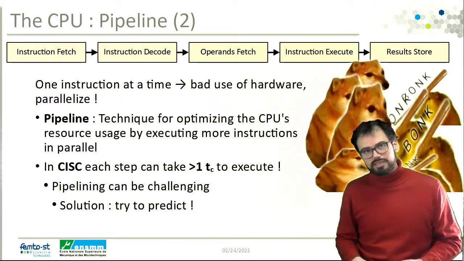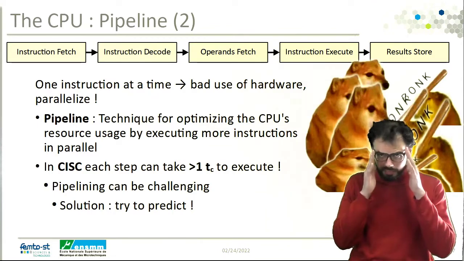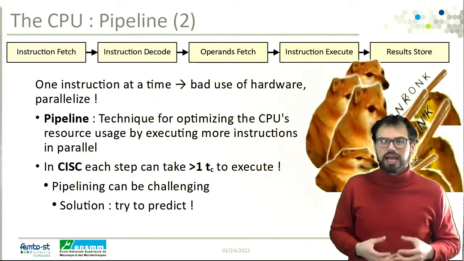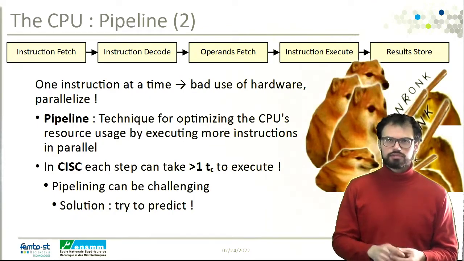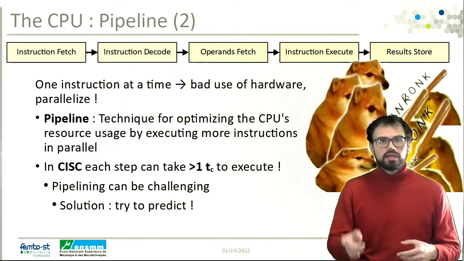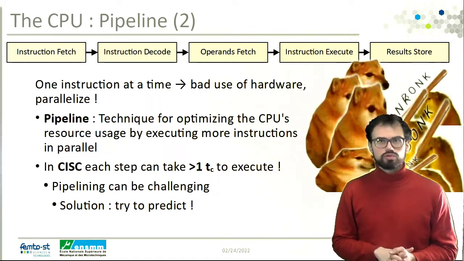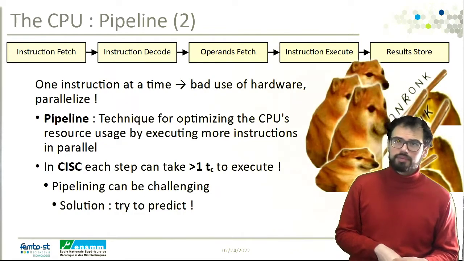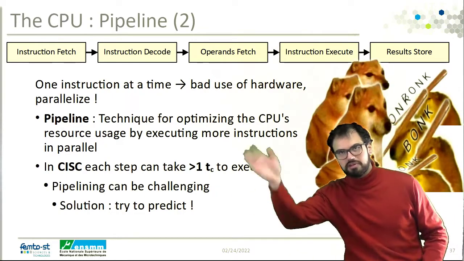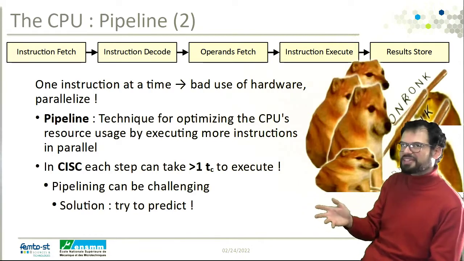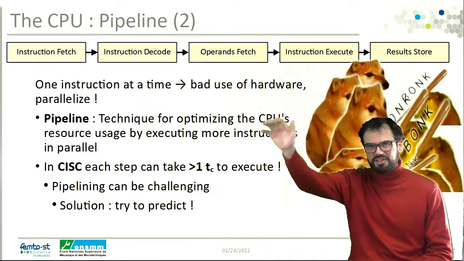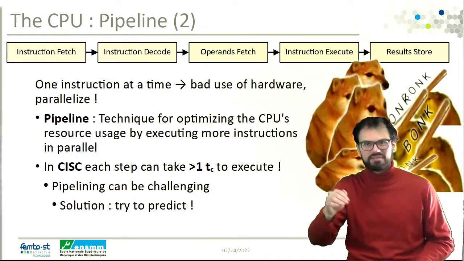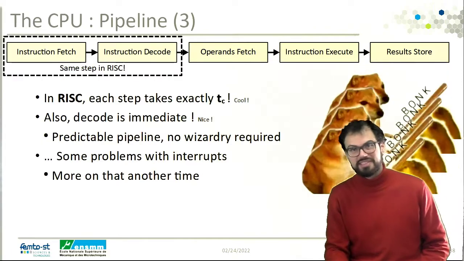In a CISC type CPU, since it's not guaranteed that everything will take just one clock time, it is very hard to do pipelining. It can be challenging. You need to forecast what will happen. It's like all of these dogs: one is longer, one is shorter, and you need to pile them nicely. It is hard.